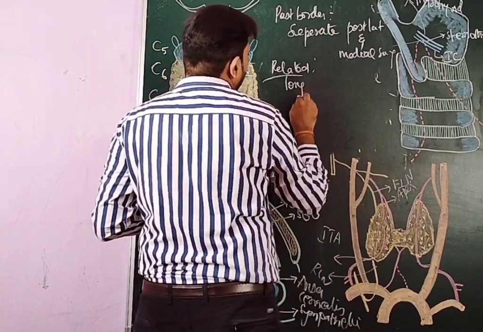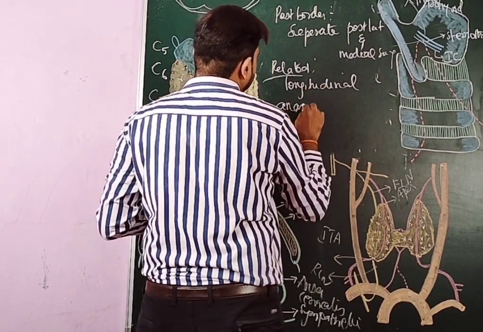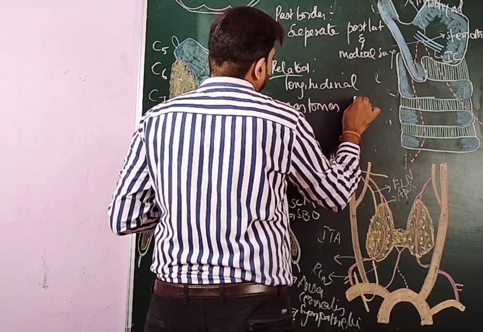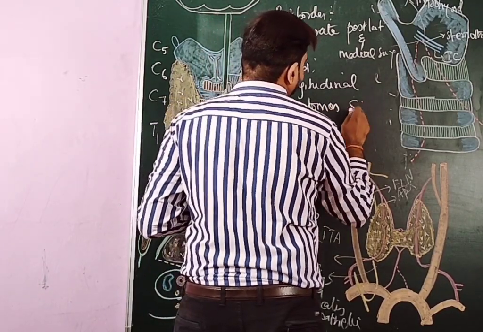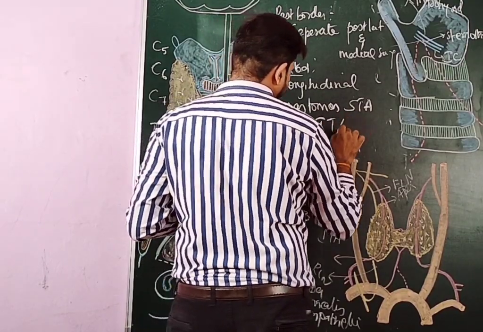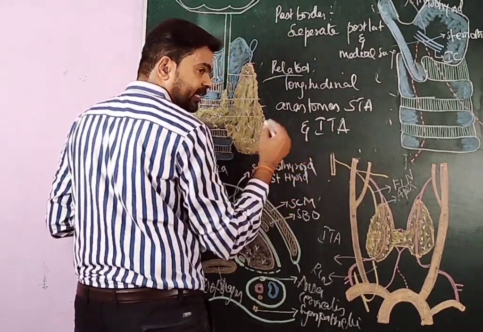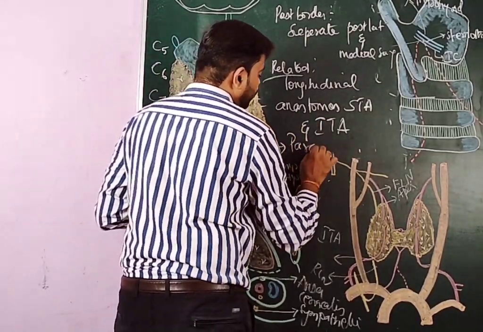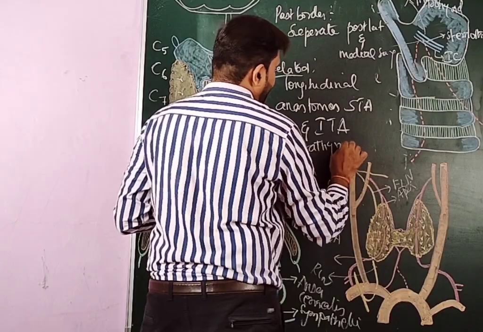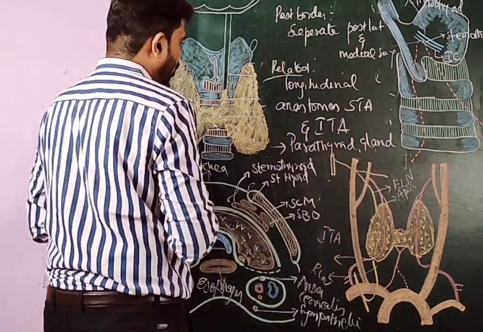We can see the longitudinal anastomosis of superior thyroid artery and inferior thyroid artery. And then on the posterior border there is the presence of one important gland, called the parathyroid gland. So this is about the borders.